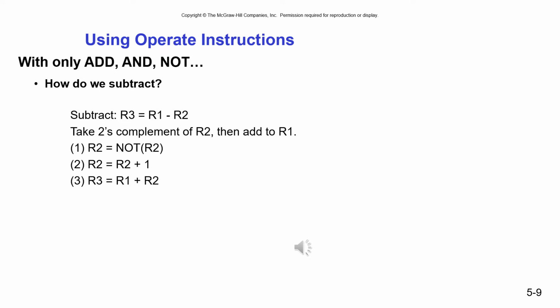So how do we take the 2's complement of R2? Well, we use not. Not flips the bits, and we add 1. And then we store that back into R2, and then we add R1 and R2, which is the equivalent of R1 plus negative R2.